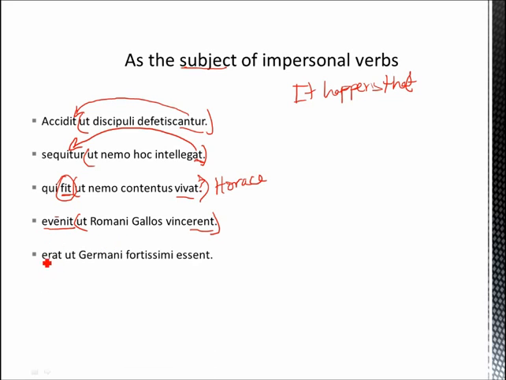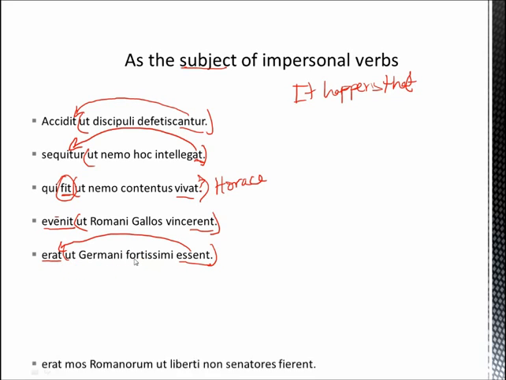One that's slightly odd is you can just have a sentence erat. It was. What was? Or it was the fact. Ut. It was the fact that the Germans were the bravest, the strongest. So essent, imperfect subjunctive because our verb is in the imperfect. It's in a secondary tense. So it happened that the Germans were the strongest.